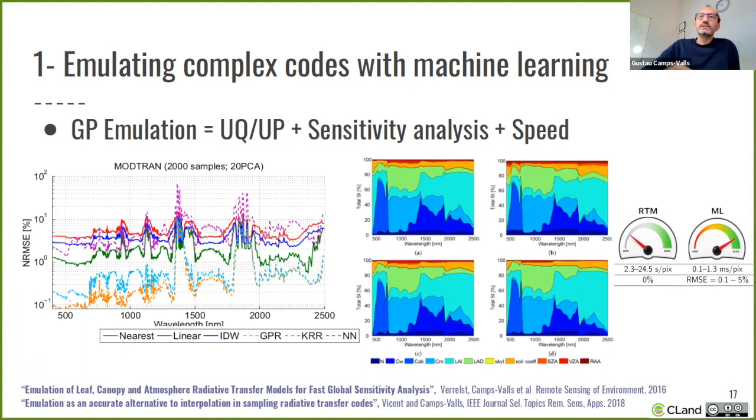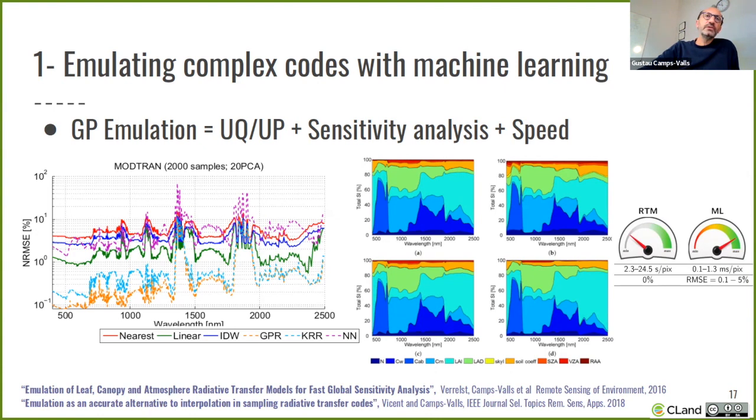In the middle picture, you can see the sensitivity analysis provided by different models: our Gaussian process, our kernel regression, and also a neural network. On the top left corner, you have the true sensitivity analysis derived from the lookup table, right? Apparently they have captured some physics out of this exercise, so you can roughly trust that.